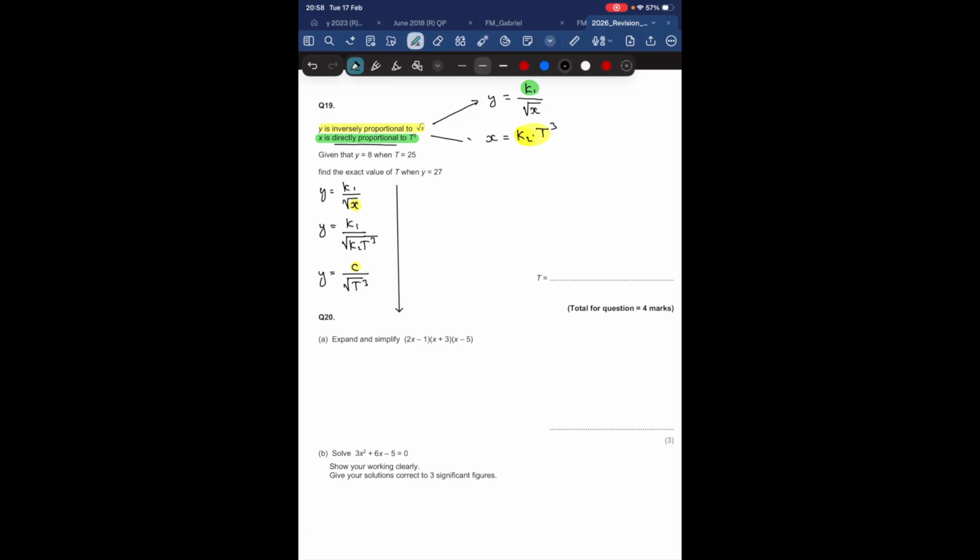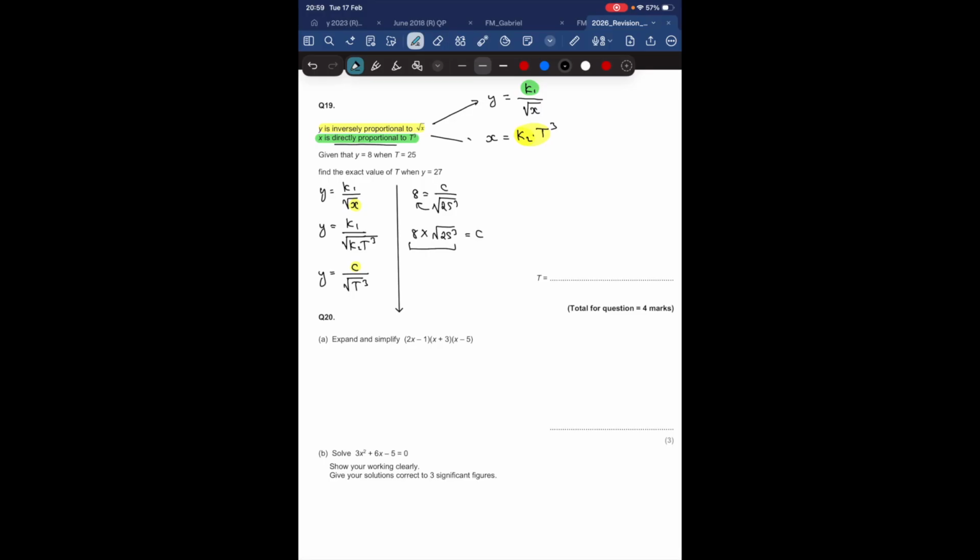So my equation now becomes 8 equals C, which I don't know, over the square root of 25 cubed. I'm going to solve that equation. I'm going to bring the square root of 25 cubed over to the left. So I'm going to get 8 times the square root of 25 cubed. That's going to give me the value of C.